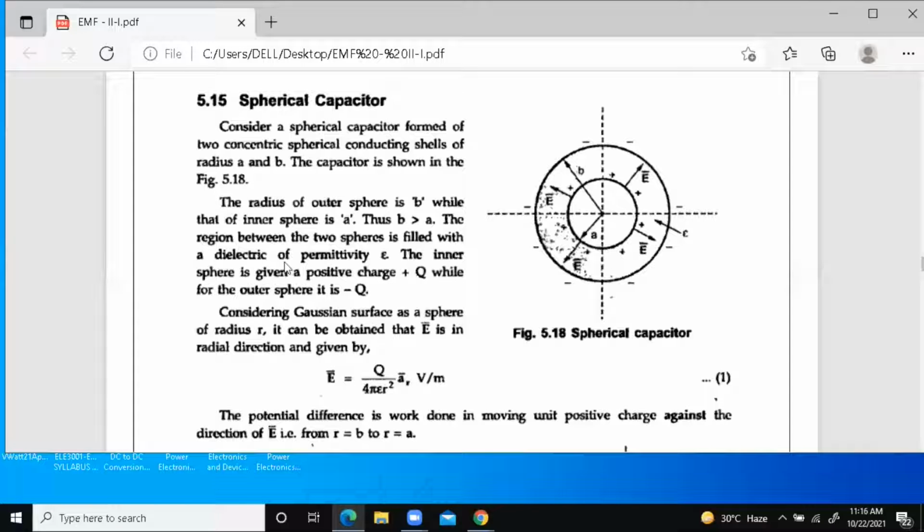The inner sphere is given a positive charge, plus Q. You have a plus Q on the inner sphere, while for the outer sphere, it is minus Q. So the equivalent charge is on either one with opposite charge.